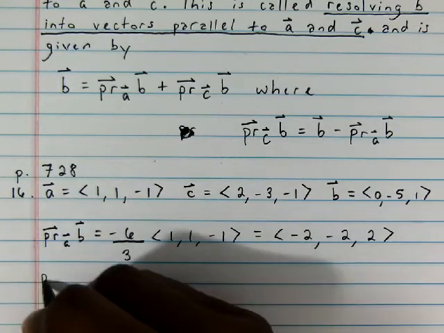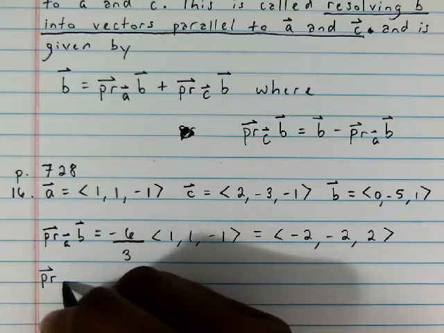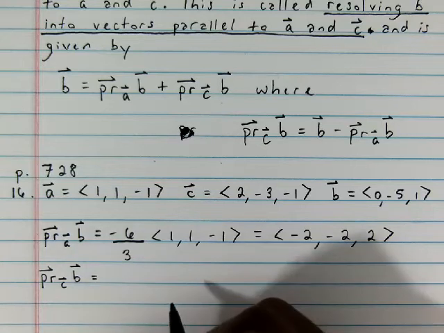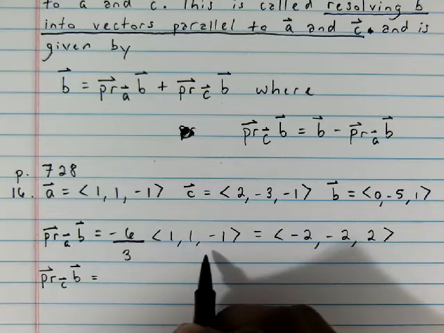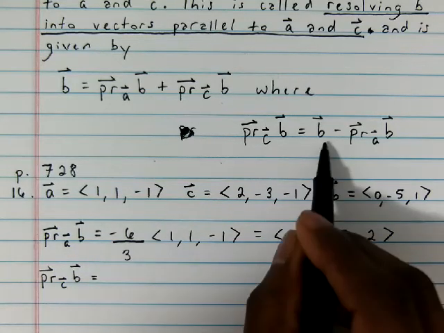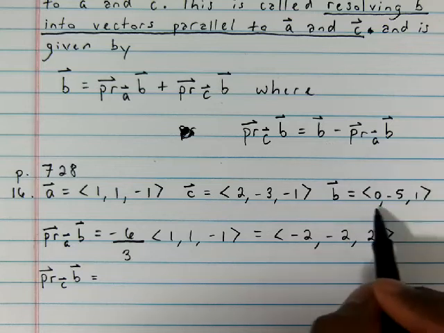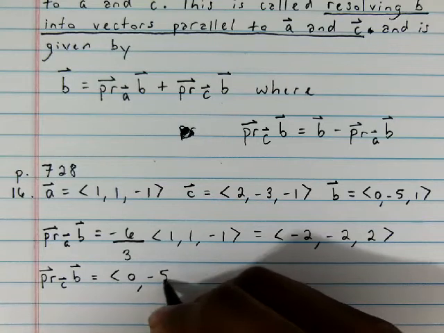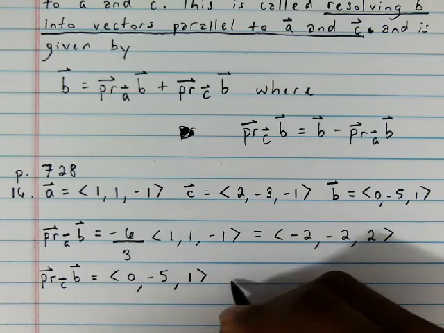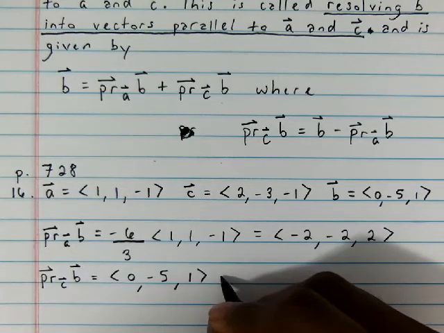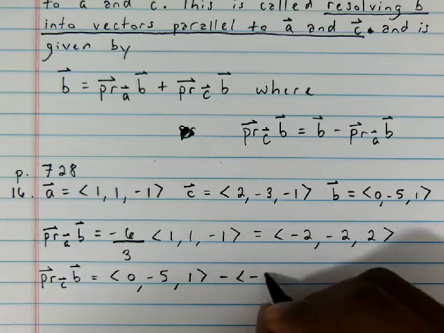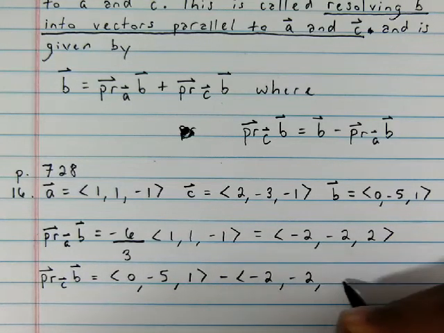So now the way that we find the projection of B onto C, we could use this same process that we use here, but we don't need to. It's faster to use this instead. So we take our B, which is 0, negative 5, 1, and then we just subtract from that what we found here, which was negative 2, negative 2, 2.